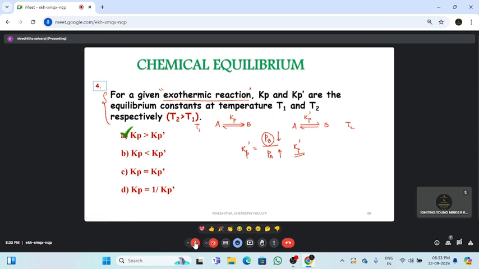But if the reaction is endothermic, then if you increase the temperature, Kp prime will be greater than Kp. So the nature of the reaction is very important. According to this question, the reaction is exothermic, so we need not increase the temperature to increase the concentration of the product. Is that clear?